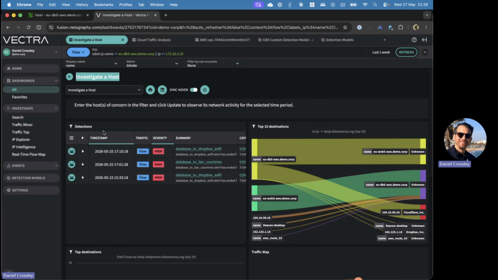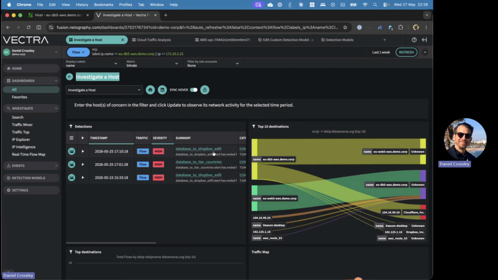There are also detections included, and the first thing we see is that our EUDB5 server looks to have triggered a database to Dropbox exfiltration. Vectra Fusion has detected a scenario where the EUDB5 host has been seen to communicate with Dropbox. This is against policy and is not authorized within the environment.